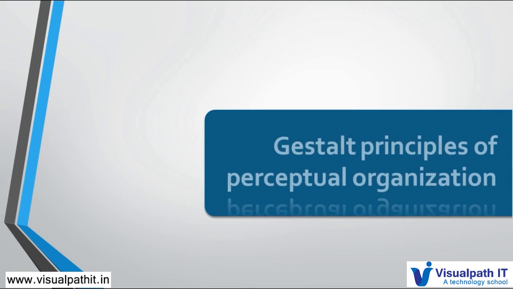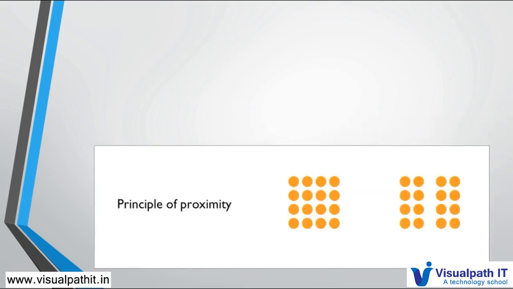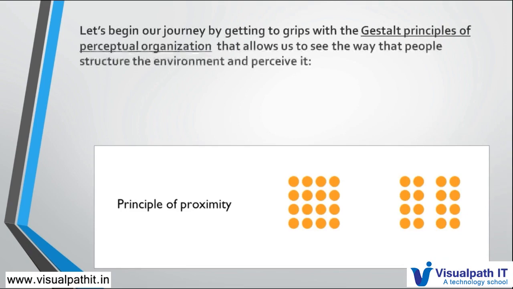Next, the second one, Gestalt principles of perceptual organization. Let's begin our journey by getting to grips with the Gestalt principles of perceptual organization that allow us to see the way that people structure the environment and perceive it.